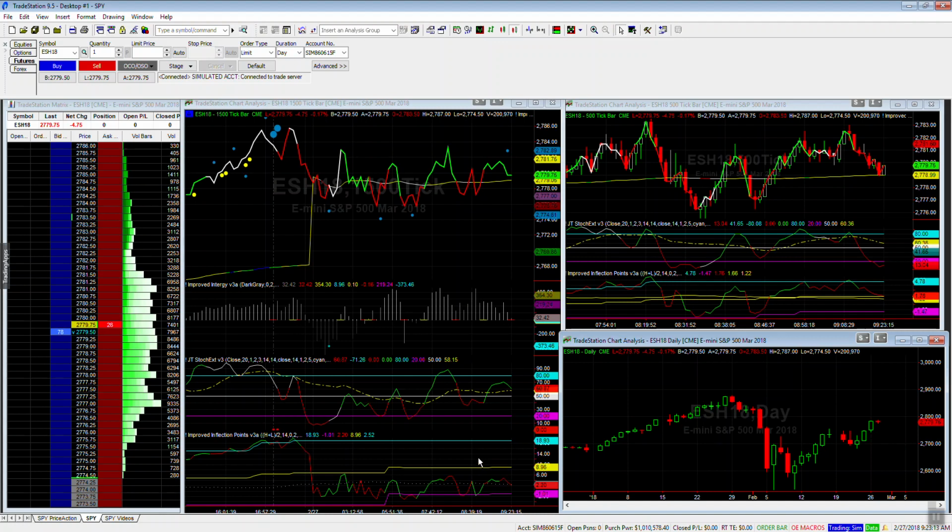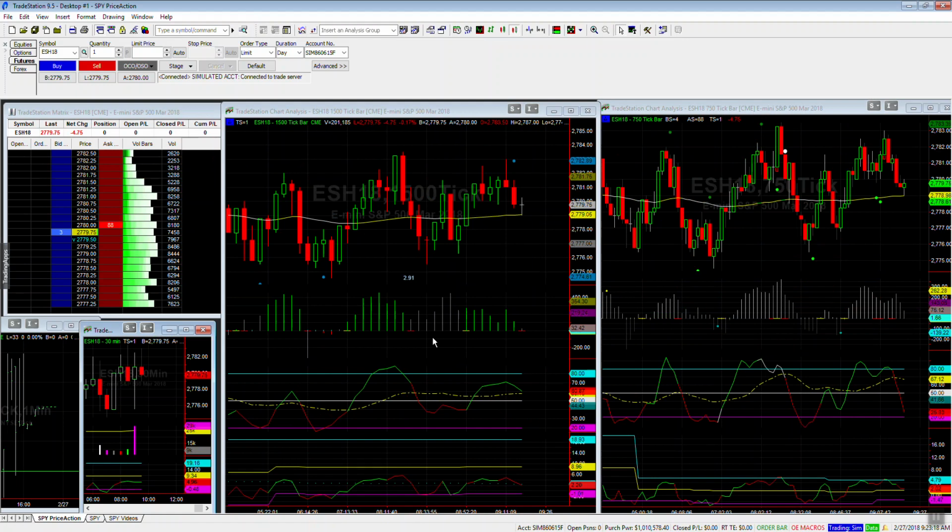Again, all these charts are just to manage the expectations when I'm trying to read a more narrow time frame, which is the day trading time frame. So the first thing I'm looking at over here, and one of the main indicators again, is this inflection line.